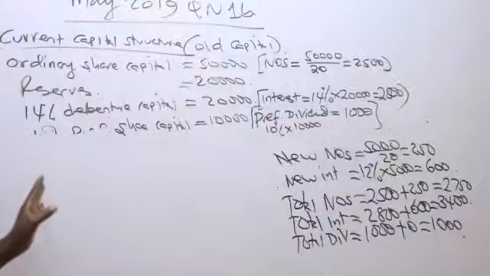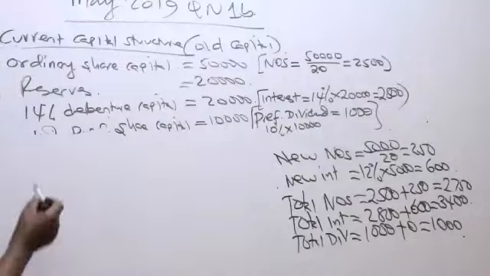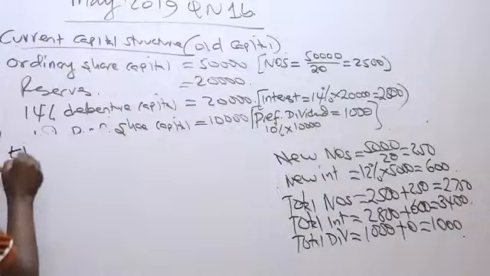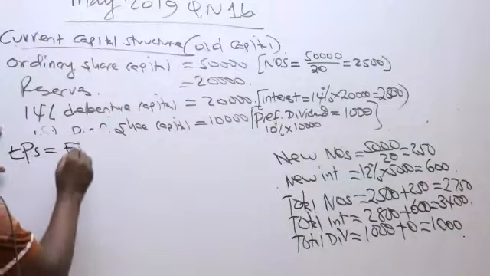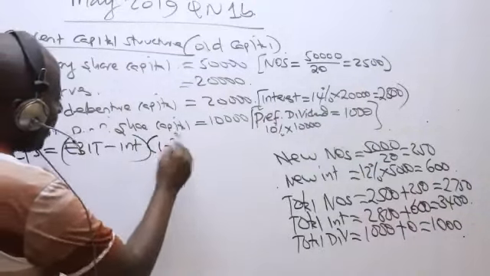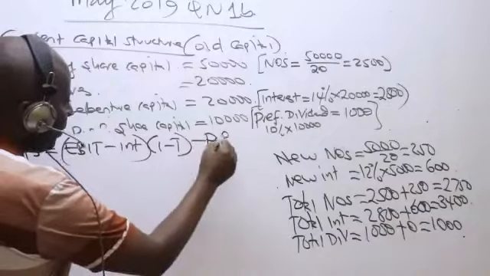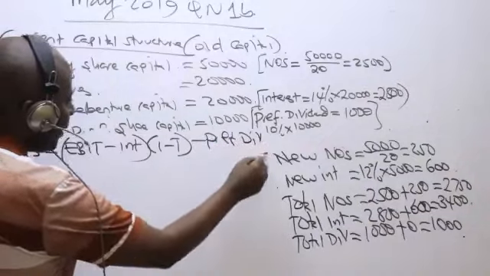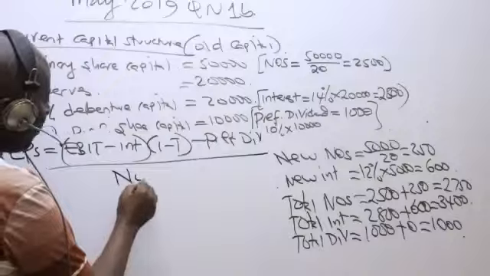It's not a new approach. Same approach. Great. So come here and give us the EPS formula. We are repeating again. It is EBIT minus interest, into 1 minus tax, minus preference dividend, all over total number of shares.